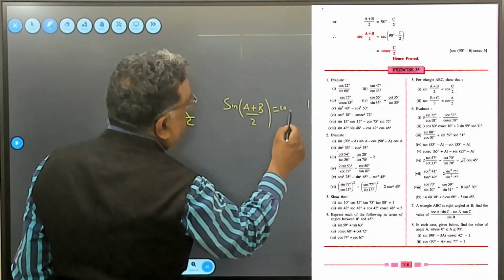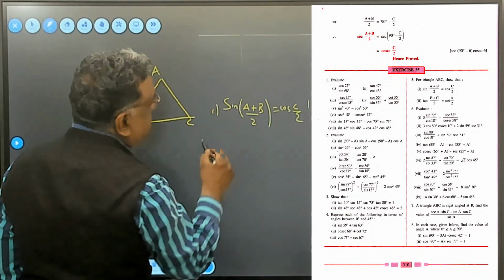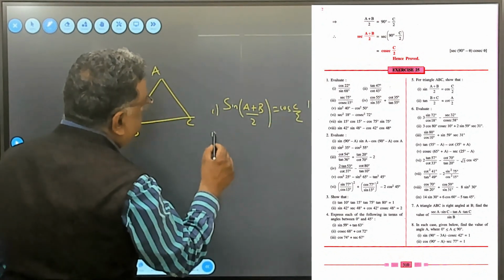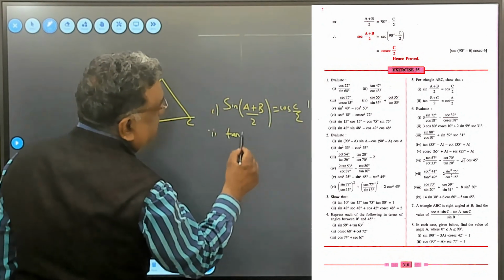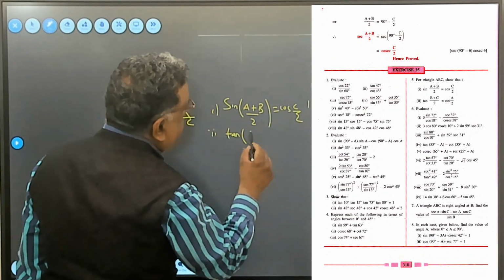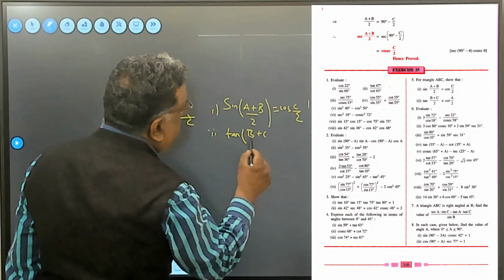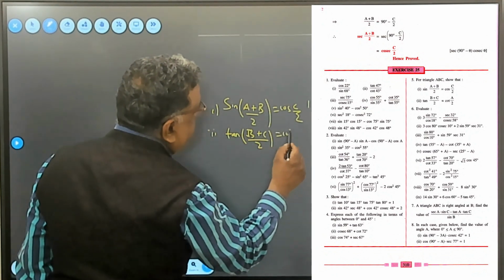This is the first question. And the second question is tan of (B plus C) by 2 is cot A by 2. How do we prove that?